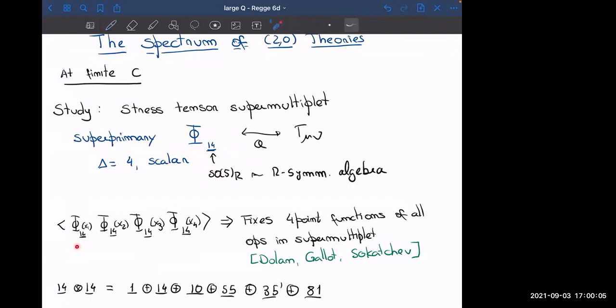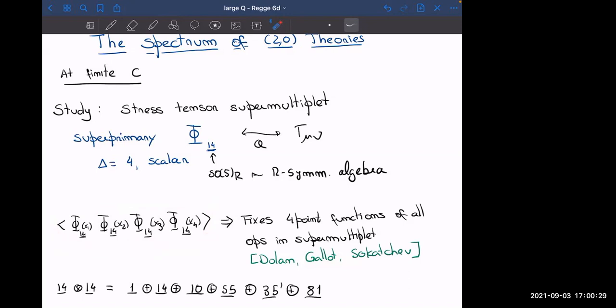And if you fix the 4-point function of all of these superprimaries, it actually fixes the 4-point function of any operator you find in the same multiplet, including 4 stress tensors, as was shown in this paper. So we lose no information by restricting ourselves just to the primary. And everything we get about the theory comes just from this, this is all we have to study in the end.